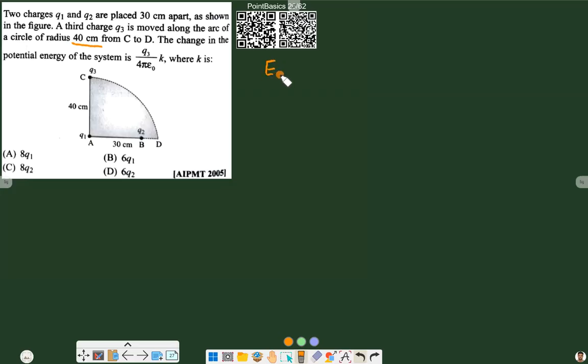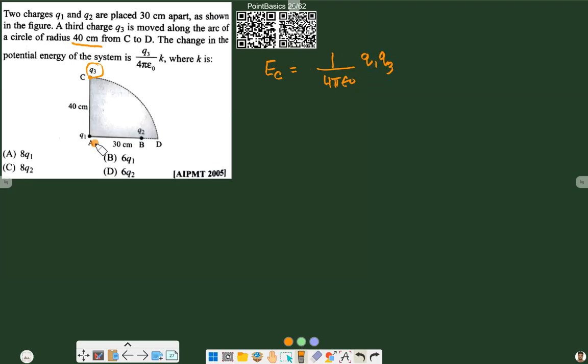EC is the total energy of charge Q3 at point C. In this energy, we will have two terms: the first term from charge at A, and the second term from charge at B. So from charge at A, it will be, oh sorry, K is already used, so we cannot use K. It will be 1 by 4 pi epsilon naught into Q1 Q3.